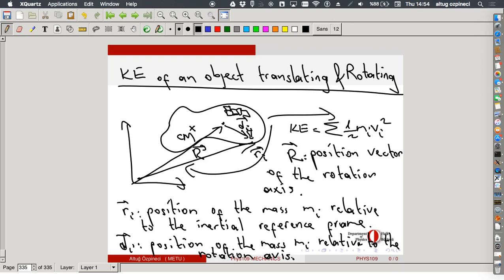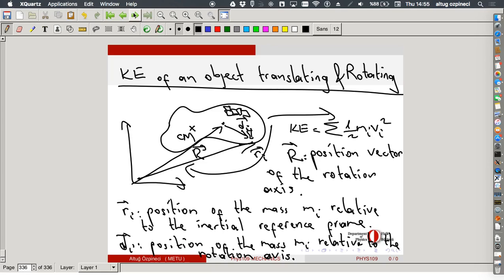Of course, I chose a specific point on the rotation axis, and this large R would be the position of that reference point on the axis. di is the position of mi relative to that reference point.